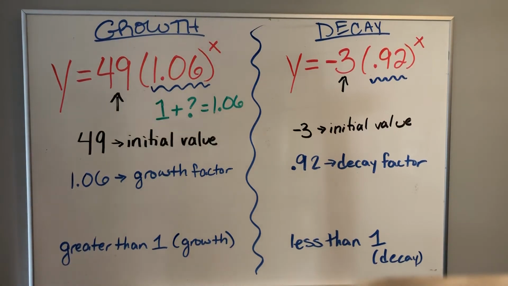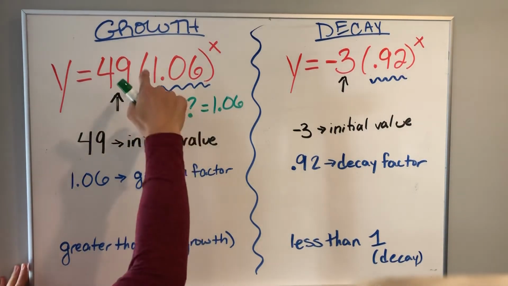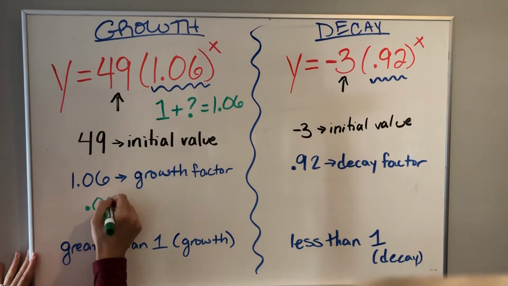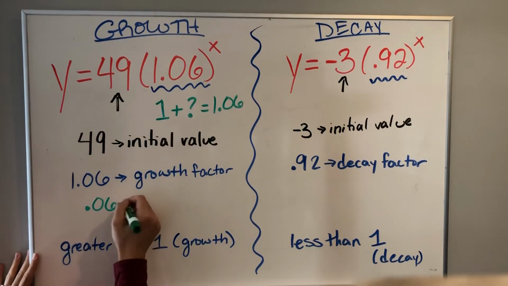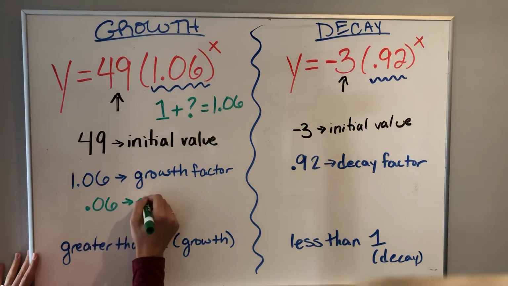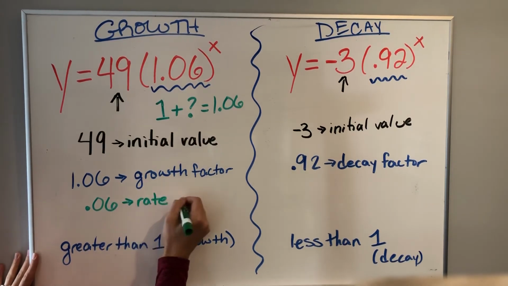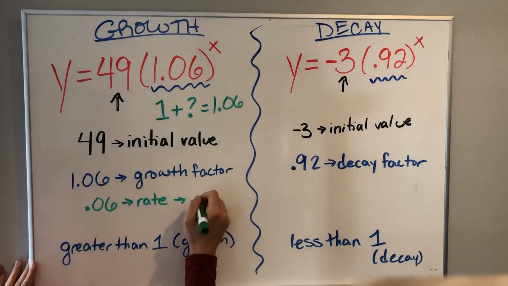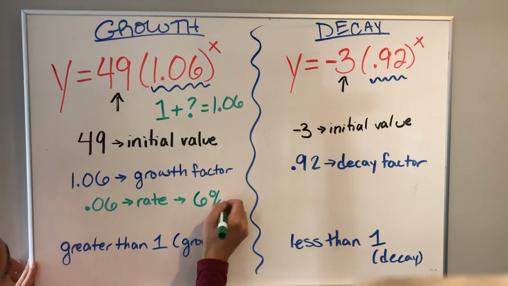Hopefully you would say, well, if I had 1 and I needed 1.06, I would add 0.06. So this is our rate. Now I'm also going to write that as a percentage. So 0.06 as a percent is just 6%.